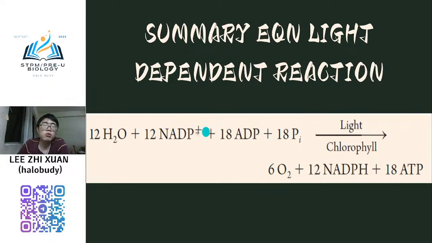And then there are also the energy carriers. You can see that two energy carriers are produced in this reaction, NADPH and ATP. NADPH is similar to NADH, just that it has an extra phosphate group.